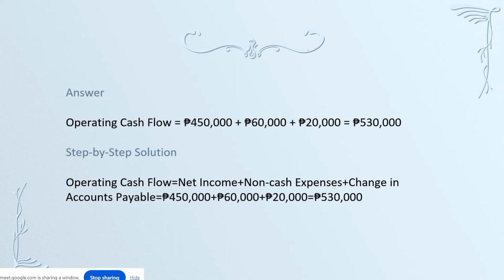The operating cash flow is determined by considering net income, adjusting for non-cash expenses, and accounting for changes in working capital. In this case, it results in 530,000, indicating positive operational performance. Next.